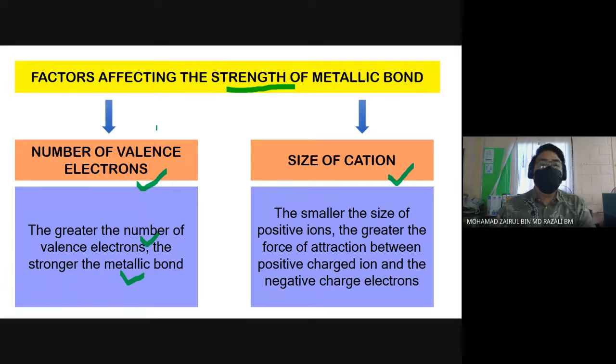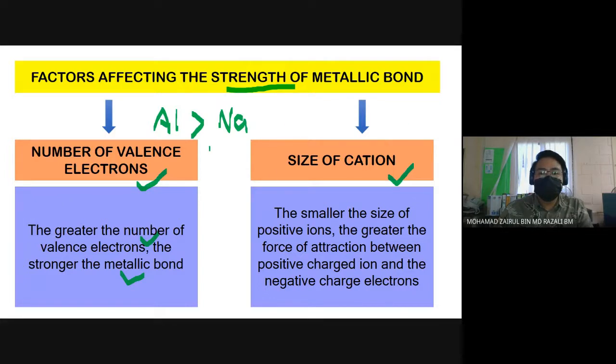Okay, so between aluminium and sodium, siapa lagi strong dia punya metallic bond? Aluminium. Okay, so awak nak compare number of valence electron ni, kita hanya akan compare untuk across period lah.